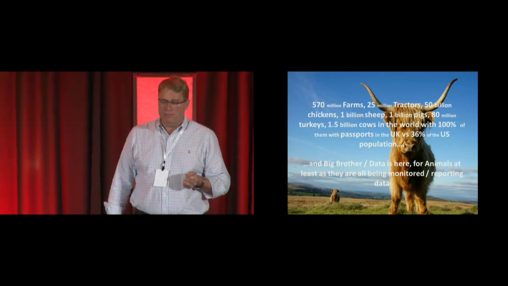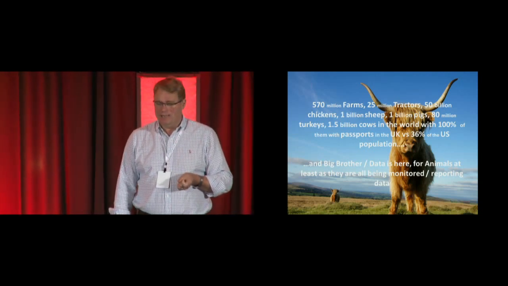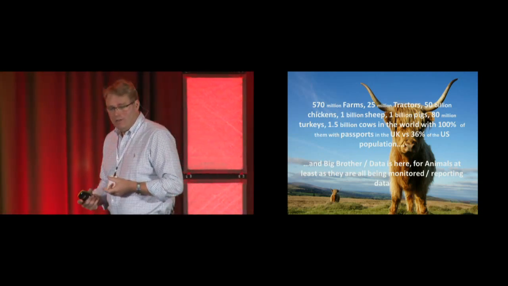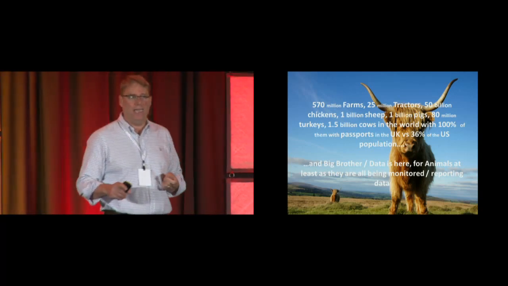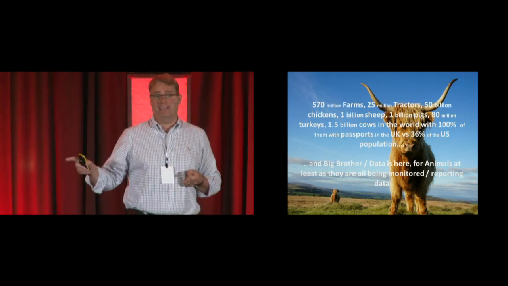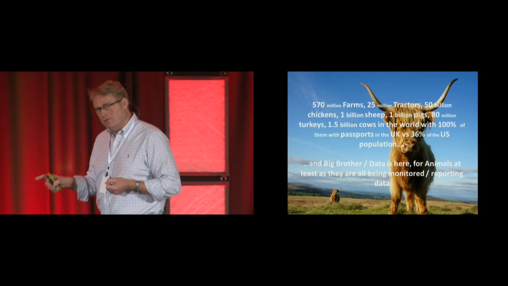Given that we're coming up to Thanksgiving, I thought I'd bung in 80 million turkeys and 1.5 billion cows in the world. 100% of them in the UK have their own passports. Only 36% of the Americans here have passports. So the cows in the UK are more well-travelled than you guys.